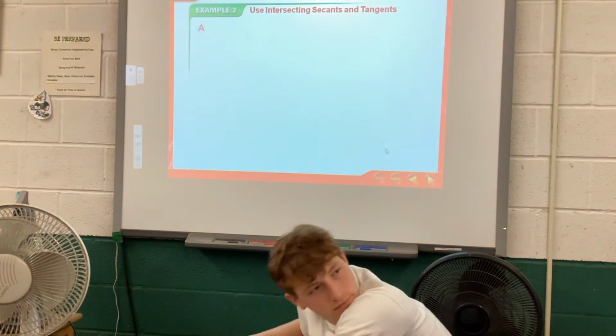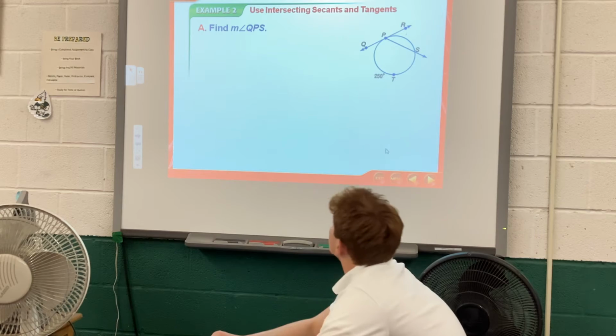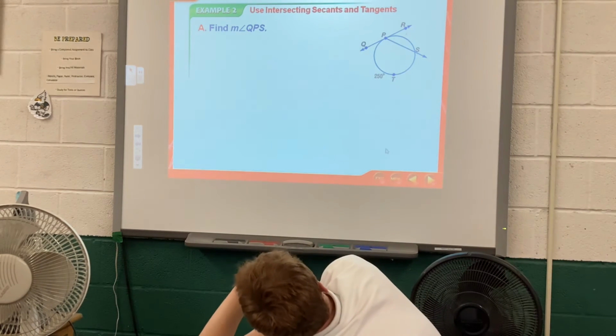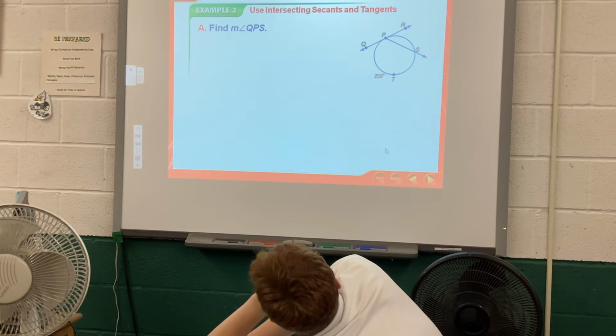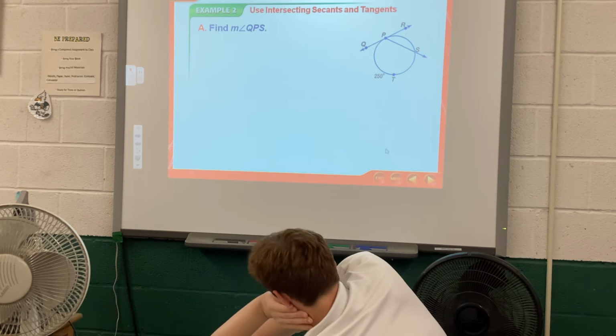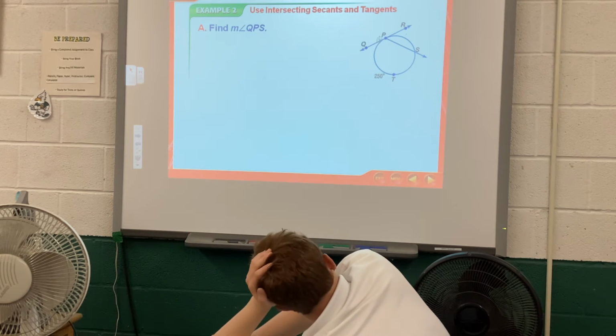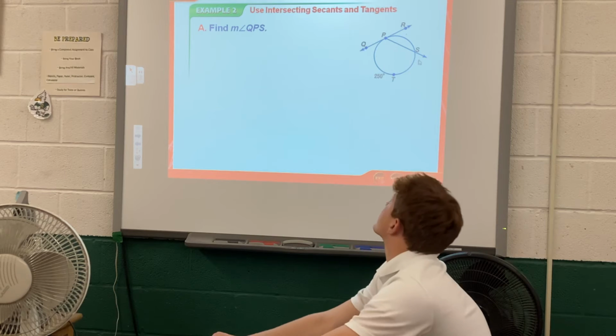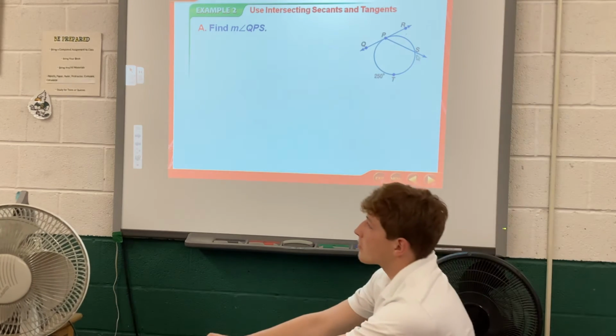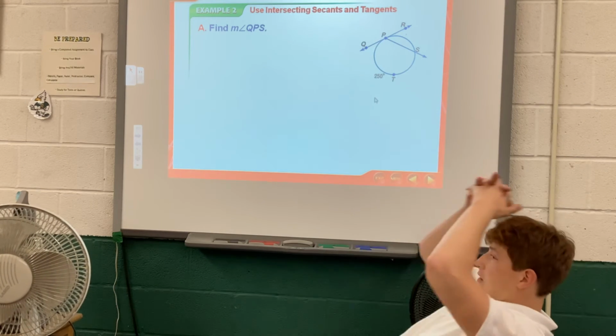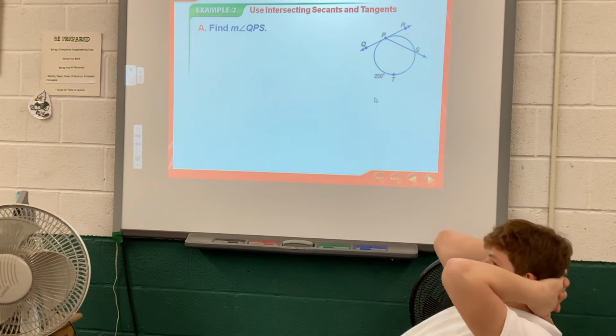So now we're on to the second theorem. Okay? So now we're having an intersection where it's right on the circle. Now notice here, they're asking us to find QPS. So the first thing you got to recognize is which way we're doing it. Because when I draw this, I actually make two different arcs, right?